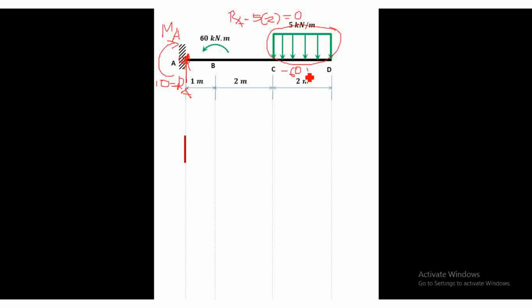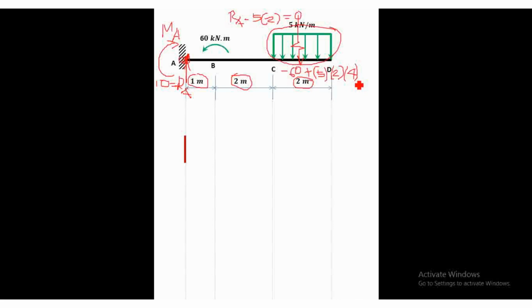So, plus the area of this distributed load is 5 times 2 times the moment arm or the distance. Diba, kapag kinuha ko yung area, ito na yung magiging resultant. So, yung distance ng resultant na to hanggang kay point A is 1 plus 2 plus half nito, 1. 1 plus 2 plus 1 is 4.